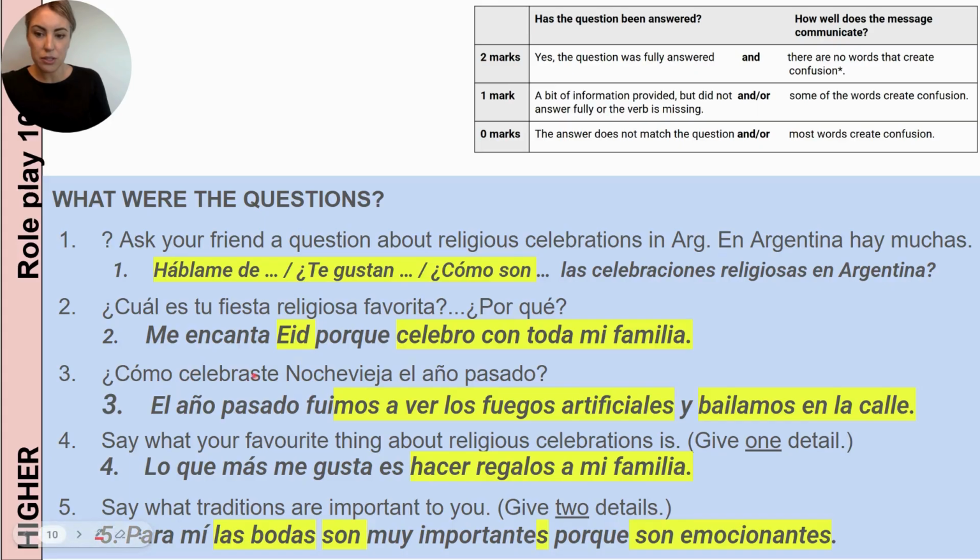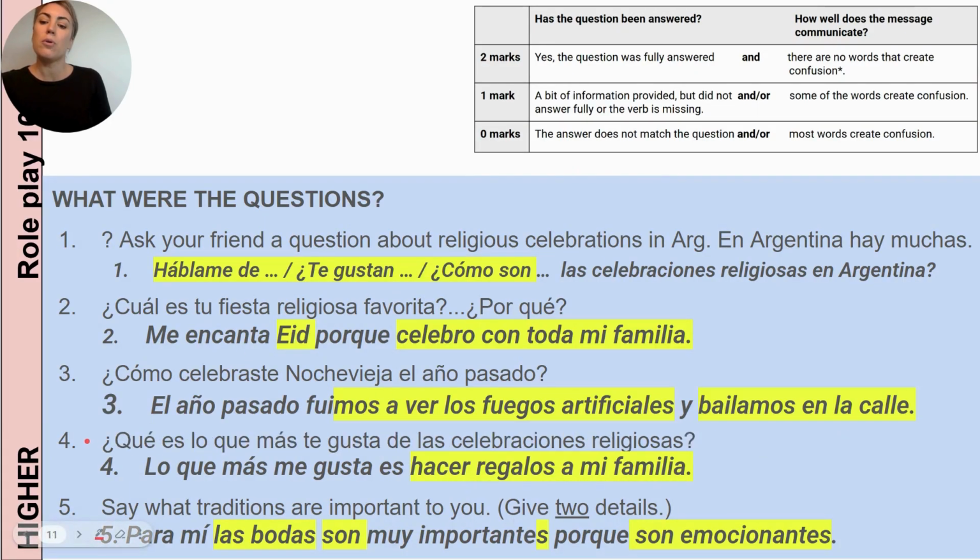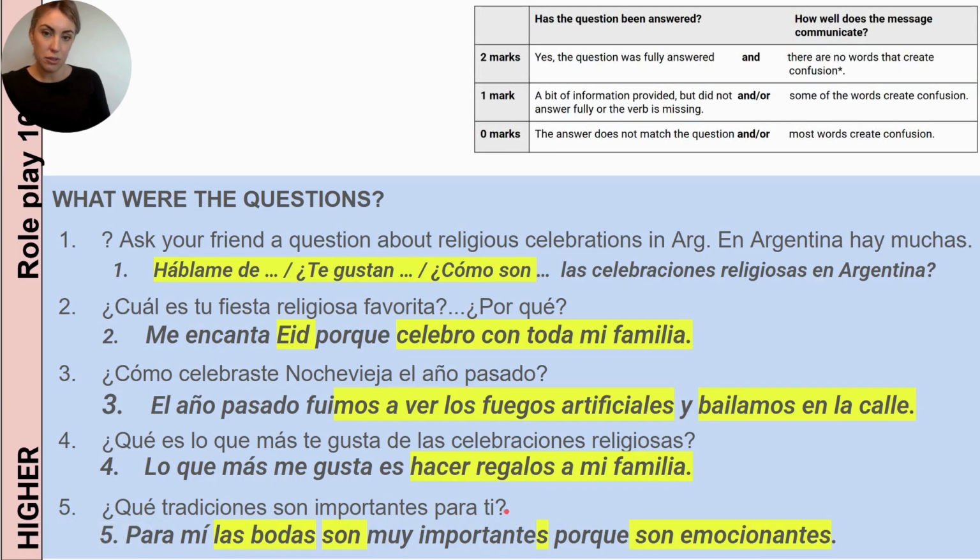So how did you celebrate New Year's Eve last year? Número 4, ¿qué es lo que más te gusta de las celebraciones religiosas? What is it that you like the most? Okay, and we already had this structure when we prepared. Lo que más me gusta, what I like the most is. And number 5, ¿qué tradiciones son importantes para ti? So what traditions are important to you?